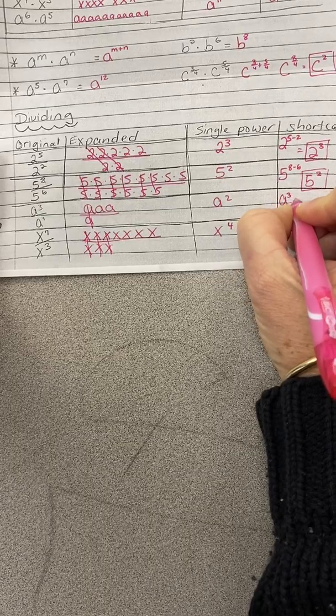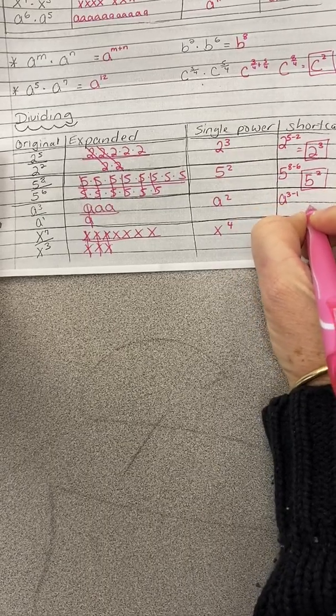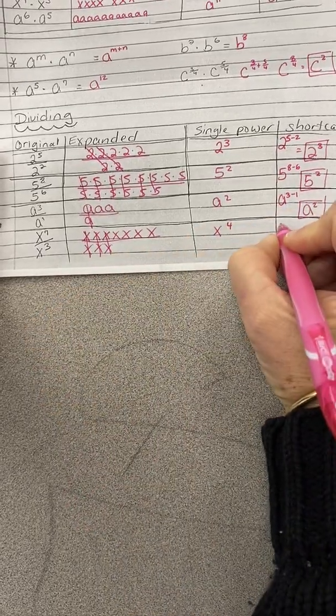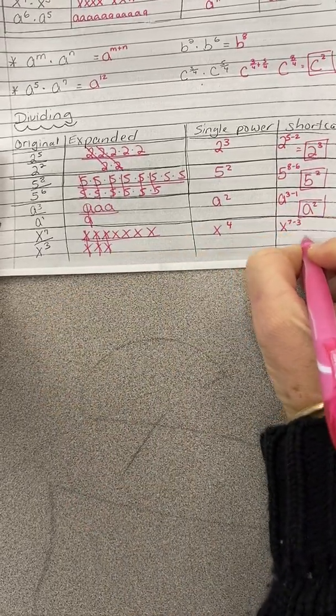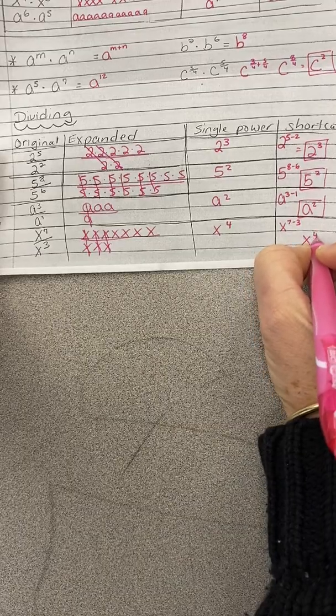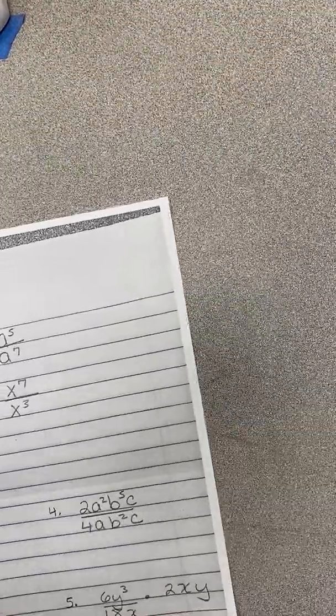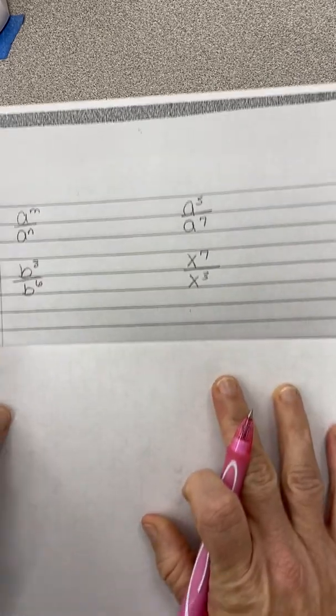A cubed, or 3 minus 1, sorry, a squared. X, 7 minus 3, x to the 4th. Okay? All right. So, of course, those are some basic problems, and we're going to start getting a little trickier. Well, I'll show you that on the review.